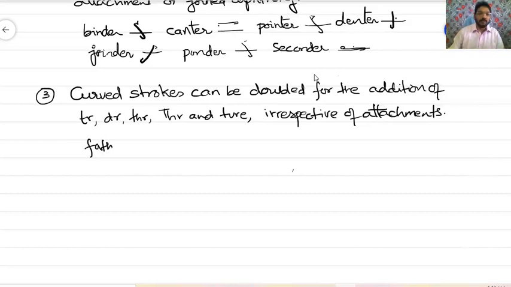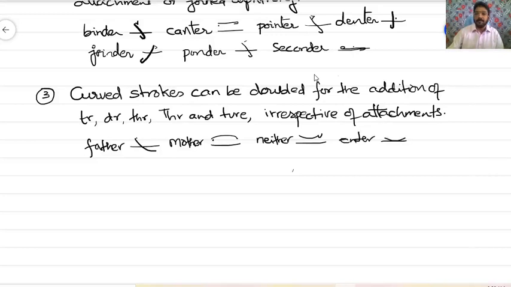Father, F doubled. Mother, M doubled. Neither, N doubled, I diphthong. Enter, N doubled.